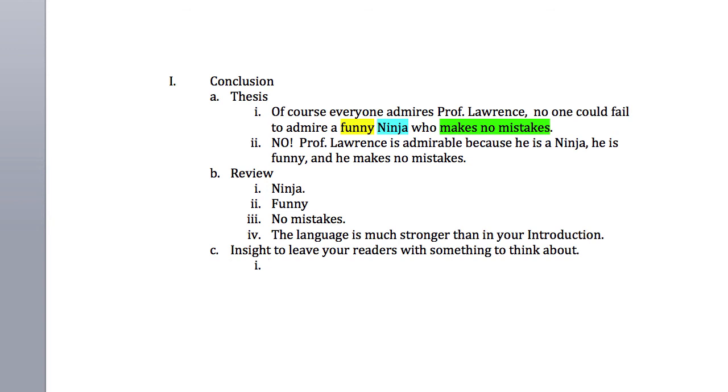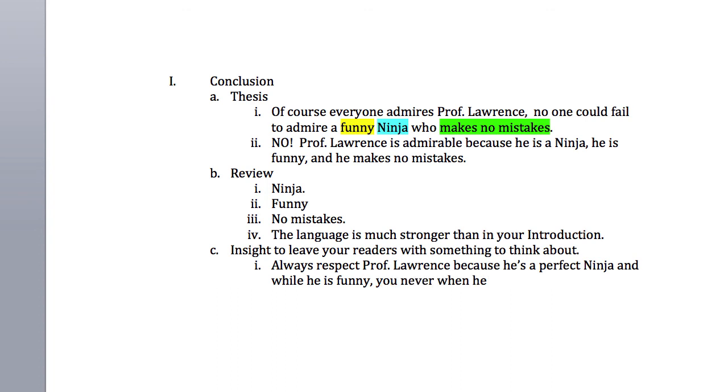For example, always respect Professor Lawrence because he's a perfect ninja, and while he is funny, you never know when he might karate chop your paper.